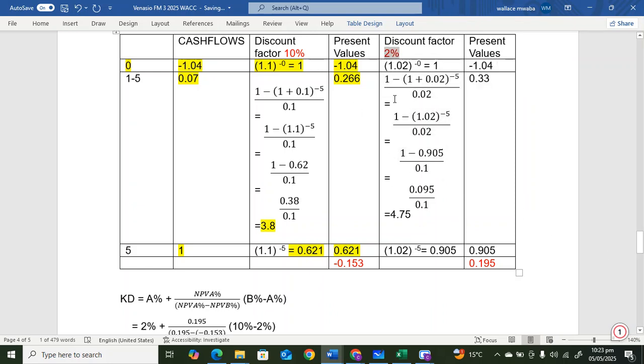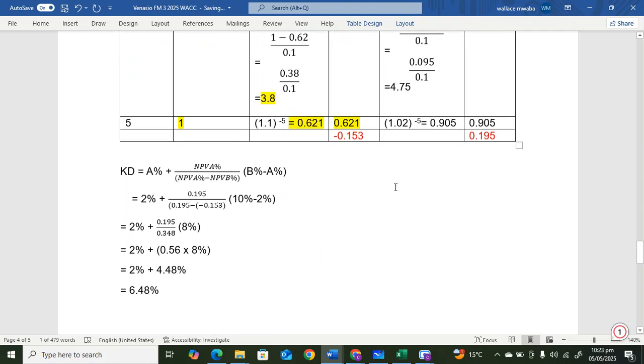So you're just getting four values from the table and you substitute into your formula, as you can see here. And you just work them out in parts. You start with this one in the brackets, 10 minus 2, 8%. This fraction, you also deal with it.